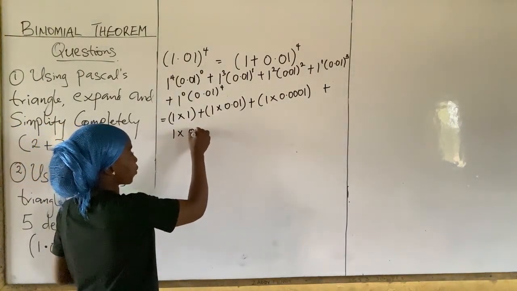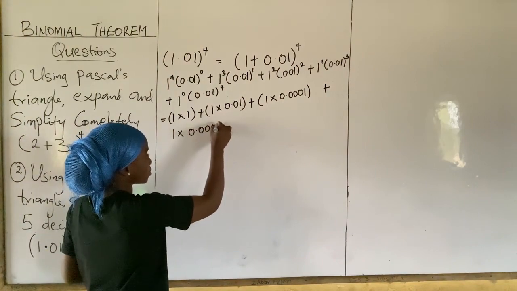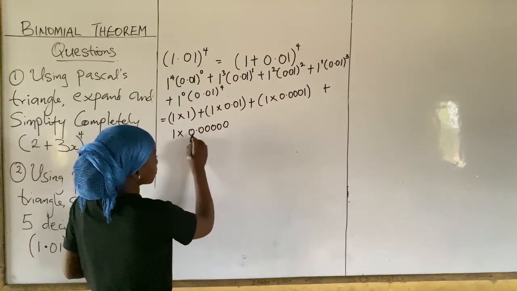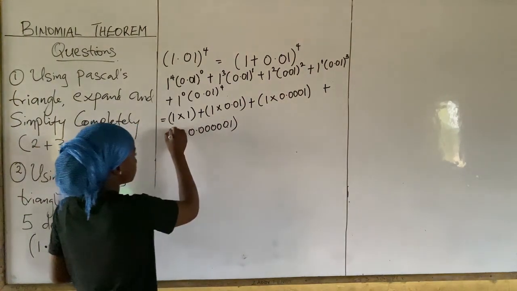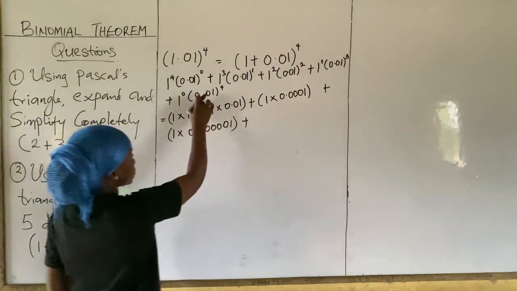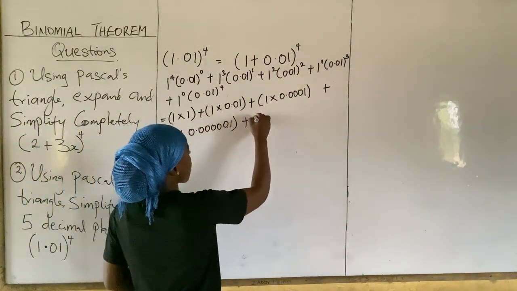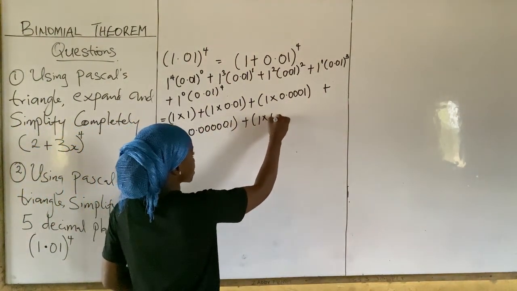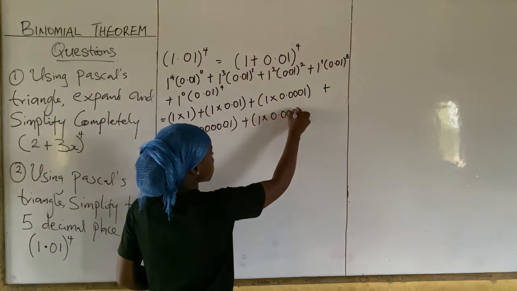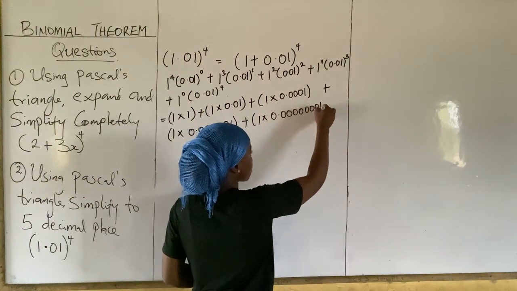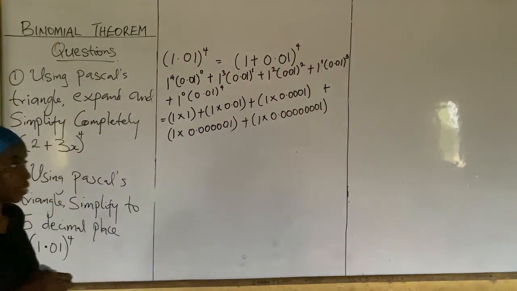So that'll be 0.000001. That should be 6 zeros: 1, 2, 3, 4, 5, 6. Plus now the next one 0.01 raised to power 4. So our zeros have to be 8. So that's it.